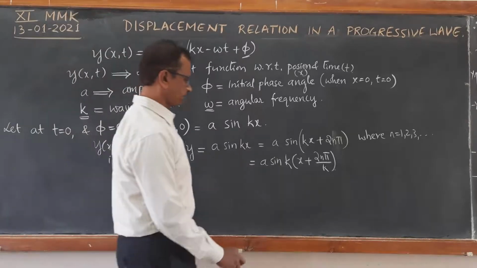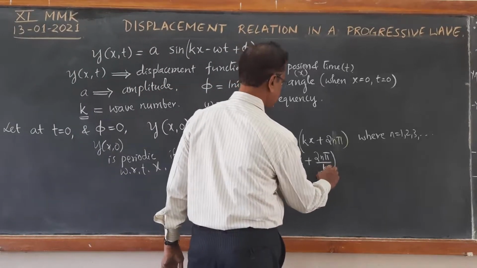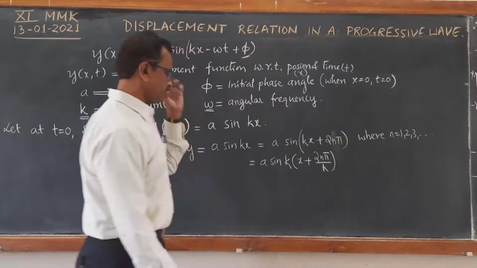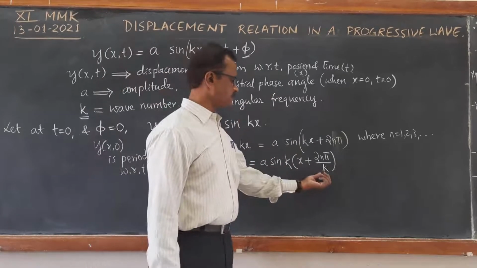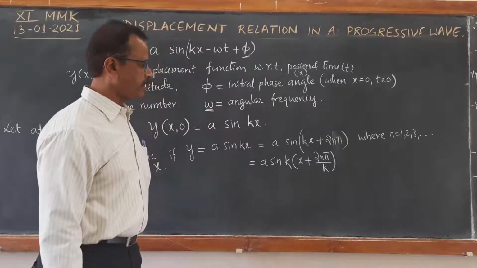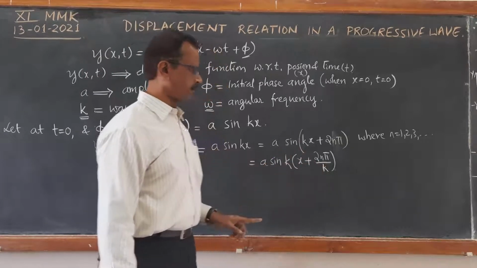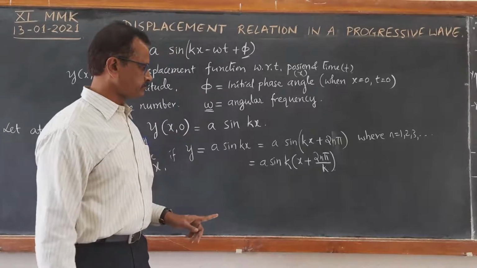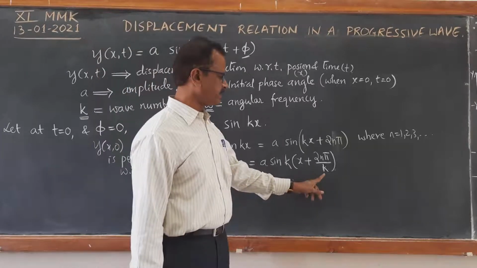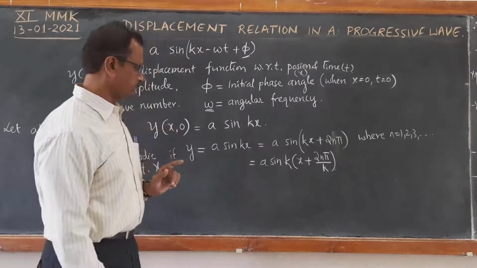So here we will be able to define what is a wave number. Now we define this 2 pi by k. 2 pi by k we are going to define as angular wave number.